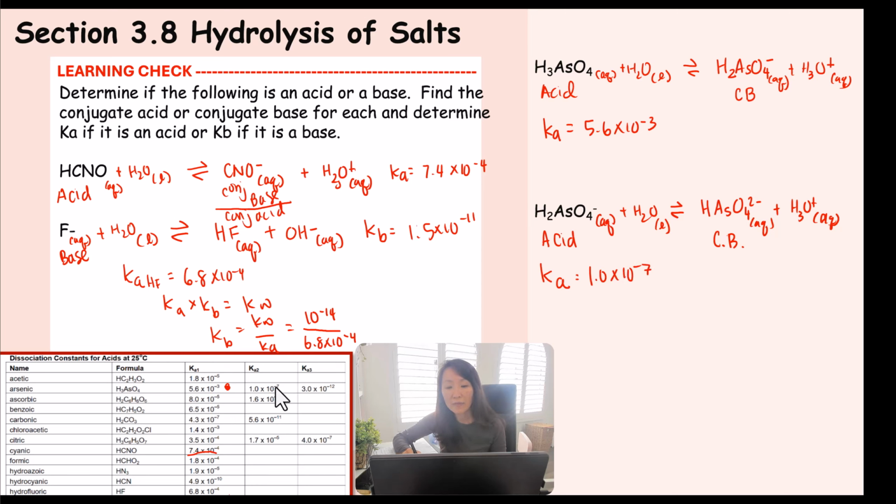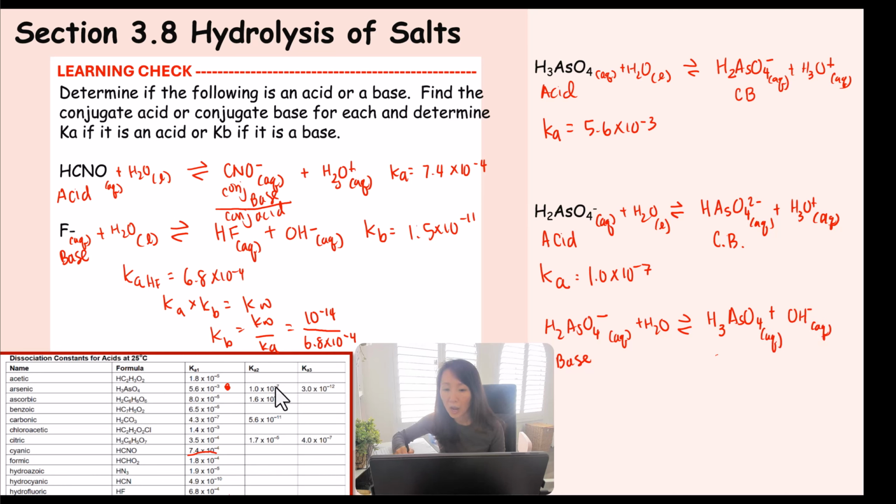Now say if this were to be a base, because H2AsO4 minus can act as a base. If it was a base, that means this plus water will form H3AsO4, because it's going to accept the hydrogen, plus hydroxide ion.